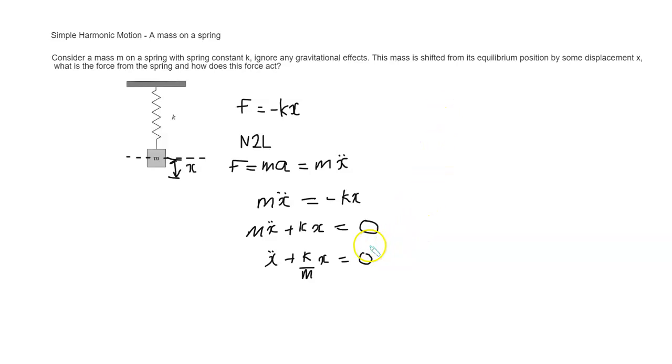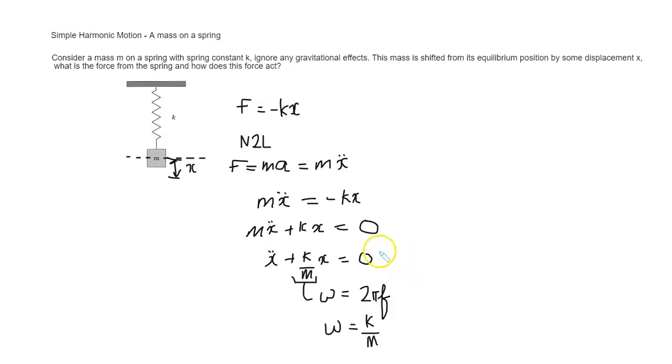The important distinction here is that we now set this k over m to omega, which, if you are familiar with omega, is also equal to 2 pi times f, where f is the frequency of oscillation. So we have omega equal to k over m, which means you can find the frequency of this oscillation just from the spring constant and the mass.